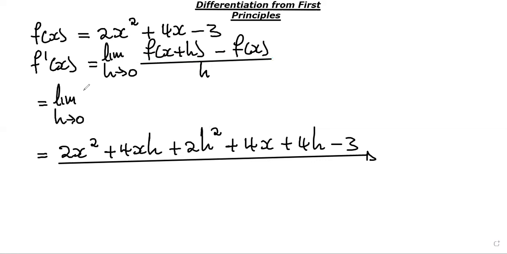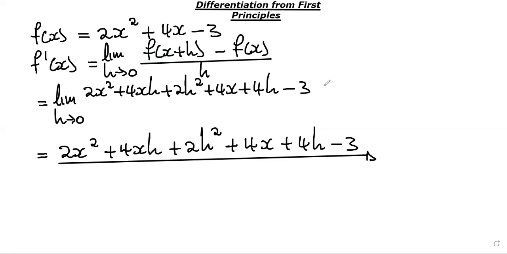So f of x plus h, it's 2x squared plus 4xh, 2h squared, 4x, 4h, minus 3.